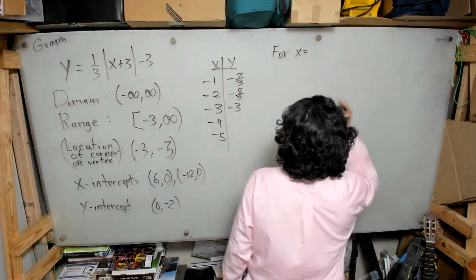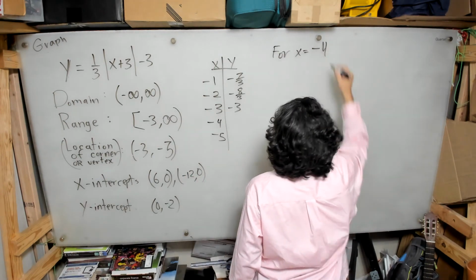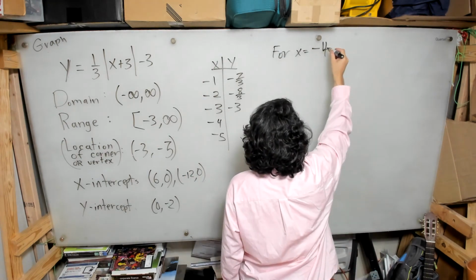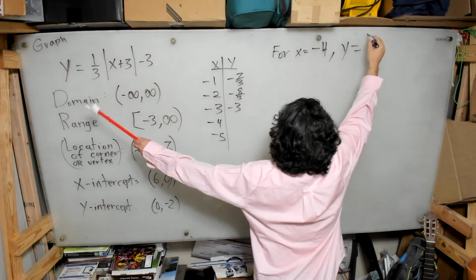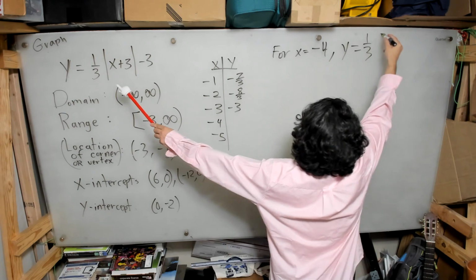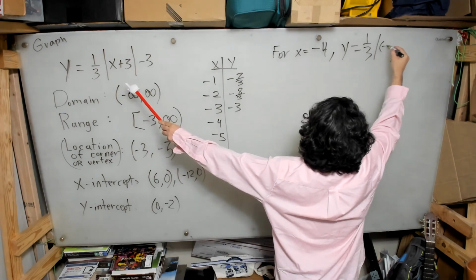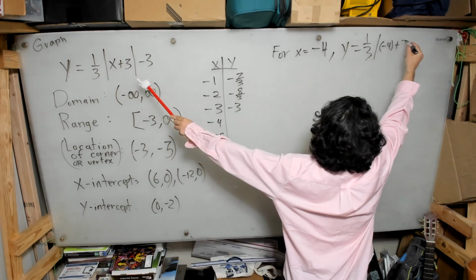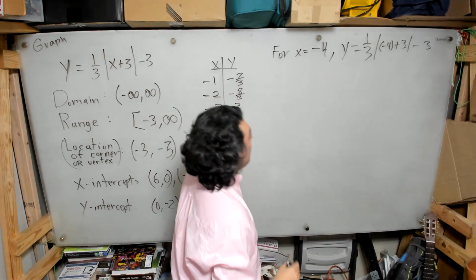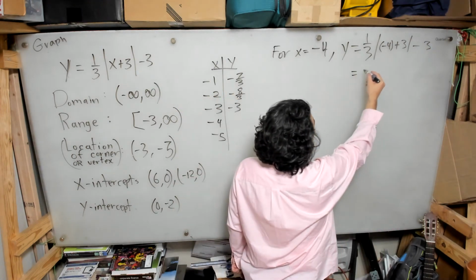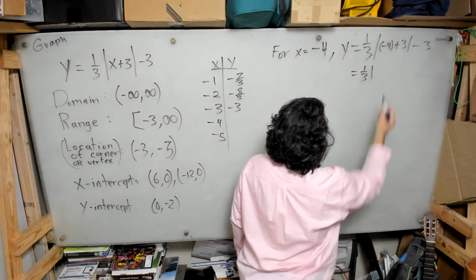What about for x equals negative 4? For x equals negative 4, I'm going to do the same thing. y is equal to 1/3 times the absolute value of negative 4 plus 3, minus 3. So this is the same thing as 1/3 times what?